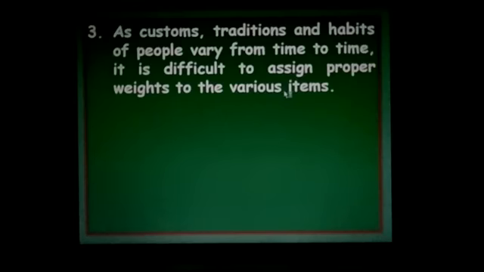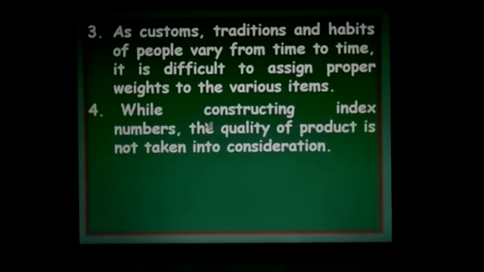Fine. Next limitation. While constructing index numbers, the quality of the product is not taken into consideration. For example, when you are calculating a price index number or quantity index number, we may consider the price of rice or wheat, what the price was earlier in the base year and what the price is now in the current year.